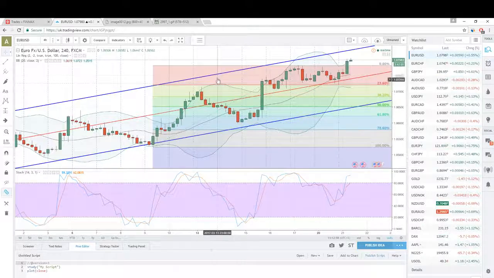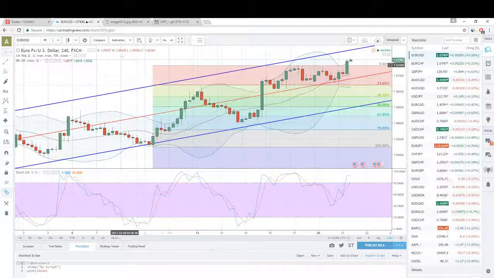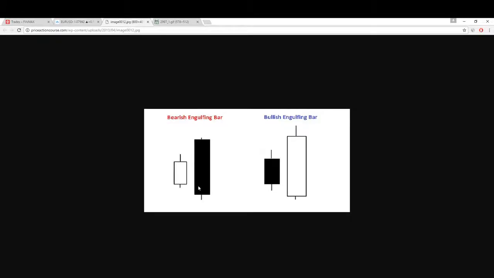So if you find it and identify it as engulfing, it can work out pretty well for you. Okay, I hope that you understand how to search for them and how they look.